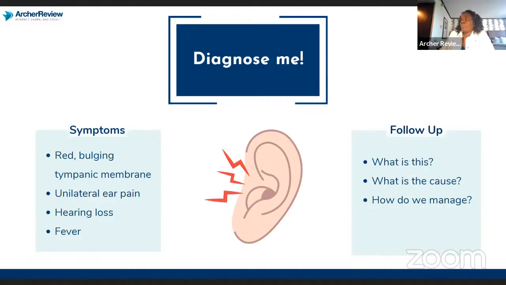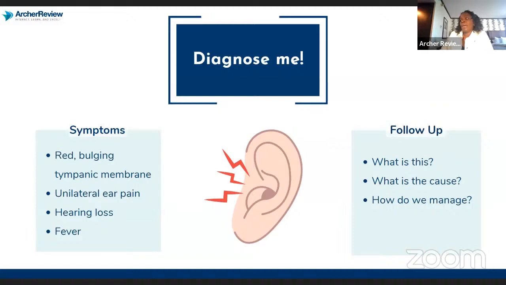But who can tell me what's the first line of treatment for acute otitis media, if you know? If you're thinking Augmentin, that is true, or even a cephalosporin, that is also appropriate. Sometimes if we have patients with lots of allergies, doxy is also a good antibiotic.